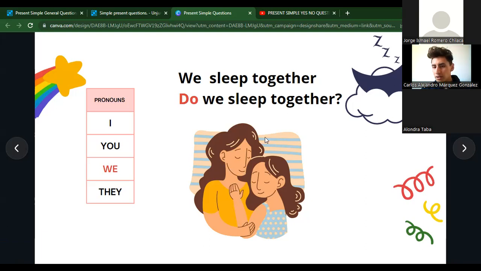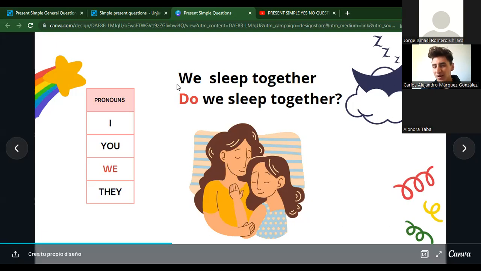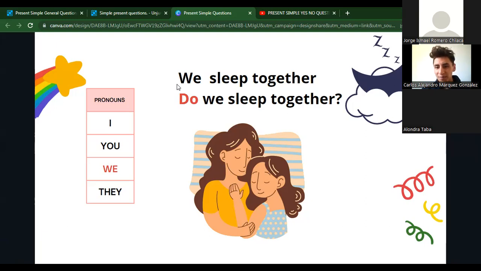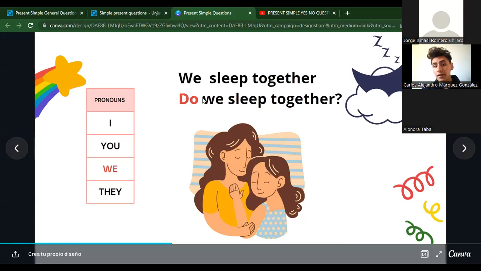So what do you think those sentences mean in Spanish, according to the picture and according to what you already know? If you cannot participate, remember that you can write in the chat box, okay? Do you have any idea?